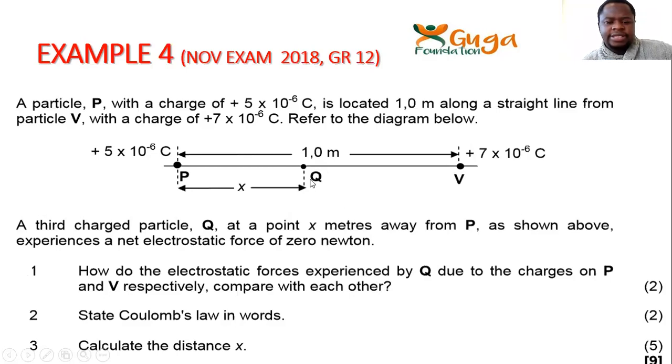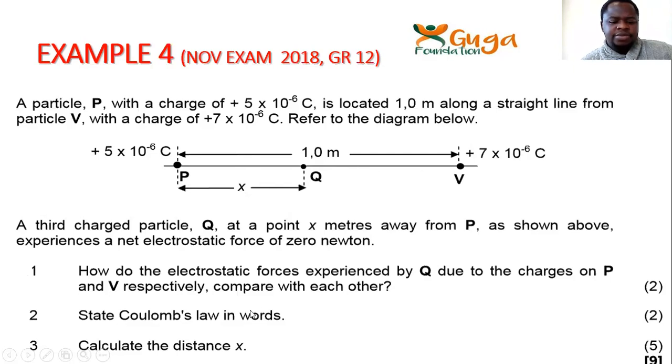In other words, the force from P on Q will be moving to the left, and the force experienced by Q due to V will be to the right. All right. So for you to answer this question, you say the force experienced by Q due to P is equal in magnitude, but in the opposite direction, to the force experienced by Q due to V.